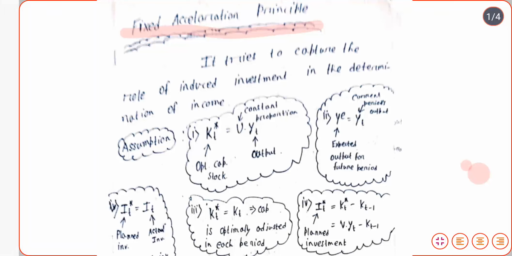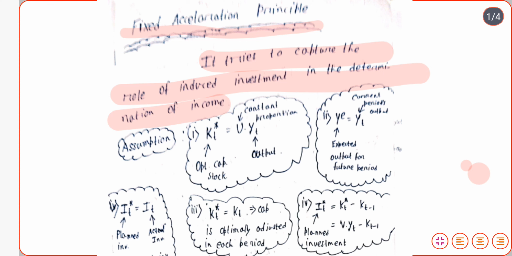When there is an increase in the investment, how can we derive the income from that induced investment? That is what the simple acceleration principle tells us.